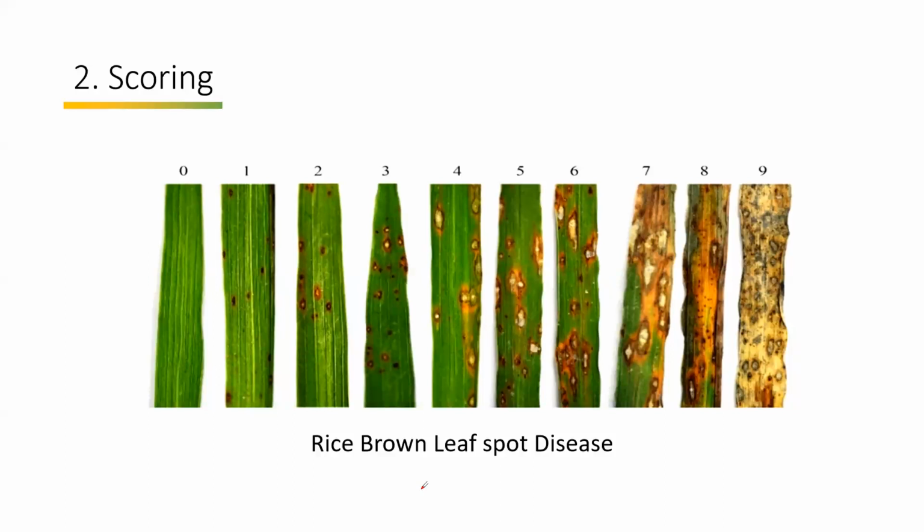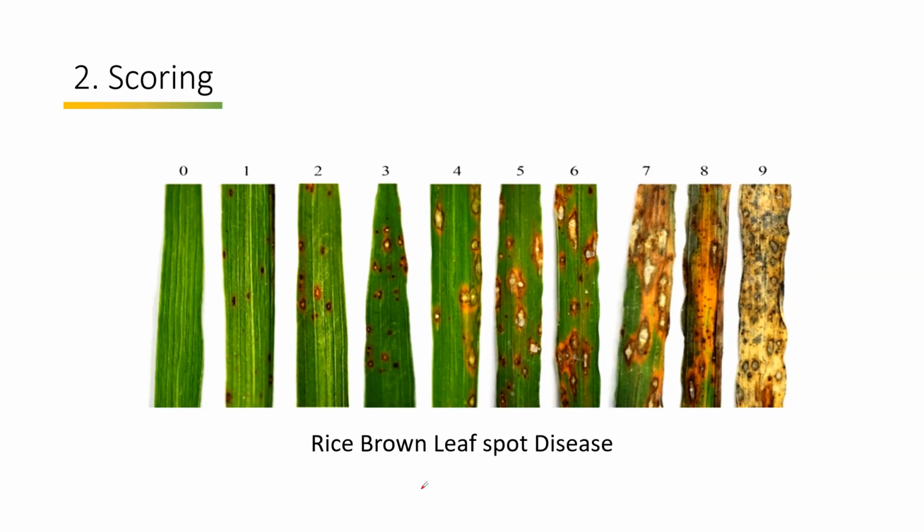For example, like in this picture, we're doing scoring for leaf spot disease in the leaf. Our sample unit is the leaf, and the symptom is leaf spot. It's difficult to calculate the size of the spot, so what we need is a scoring index.